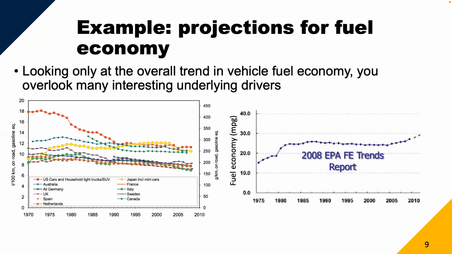Okay. So yeah, let's take a look at some examples of this. If I were looking at something like fuel economy, we can still think about something like this in the context of top-down versus bottom-up, right?